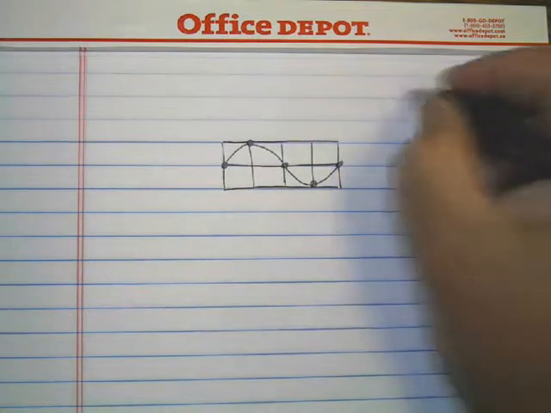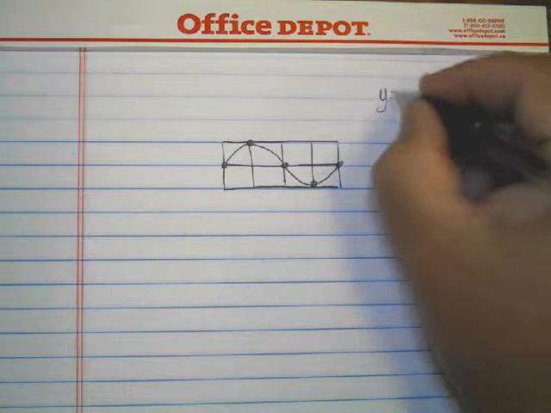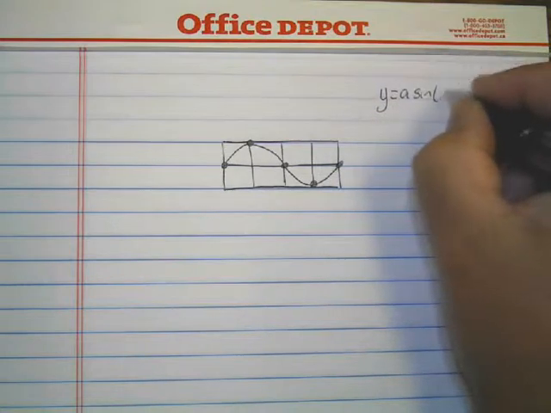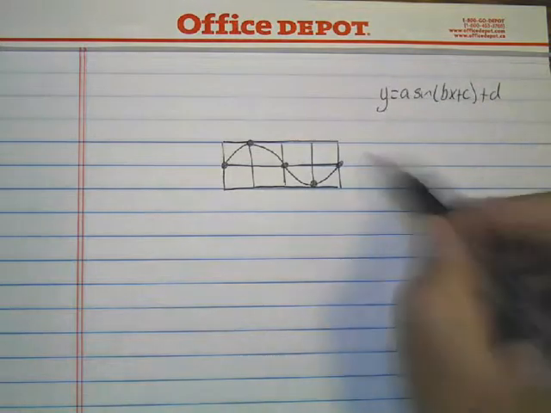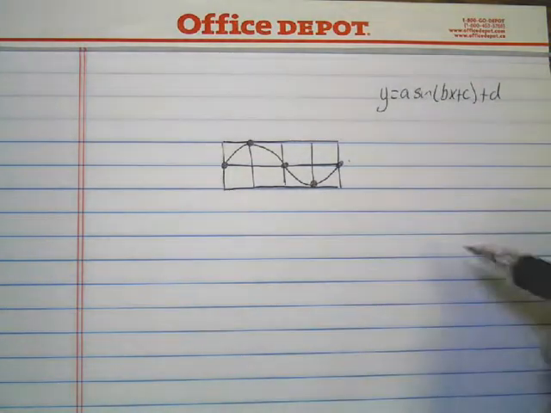So for instance, our general equation is y equals a sine bx plus c plus d. And this would allow me to find these 5 points for any general equation for sine.